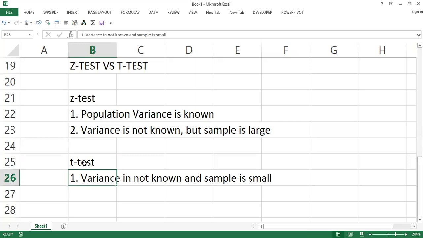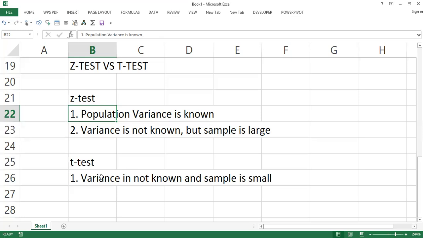It's more reliable. Most times z-test is used when the sample is large, whether the variance is known or not. However, technically speaking, you could use z-test even if the sample is small, provided the variance is known.